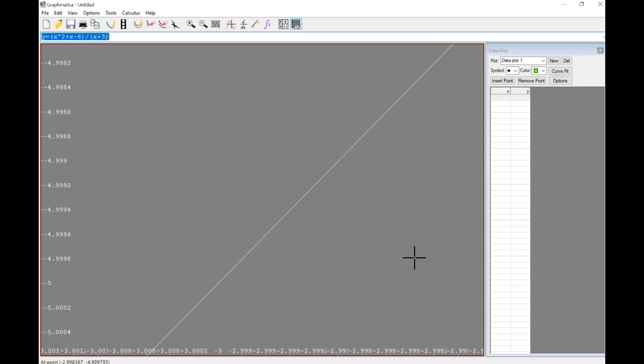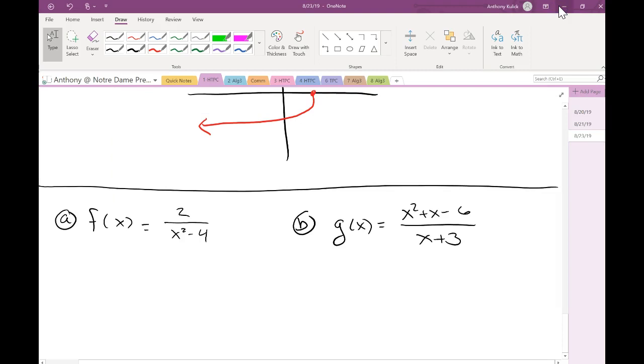You could go to the table and look for an error if you suspect that there's a removable discontinuity. That's certainly doable, and if it looks like a straight line but there's an error there somewhere, that's a good indication that what you're looking at is a removable discontinuity. Yeah, that's an excellent idea, Joanna. So this one was removable.